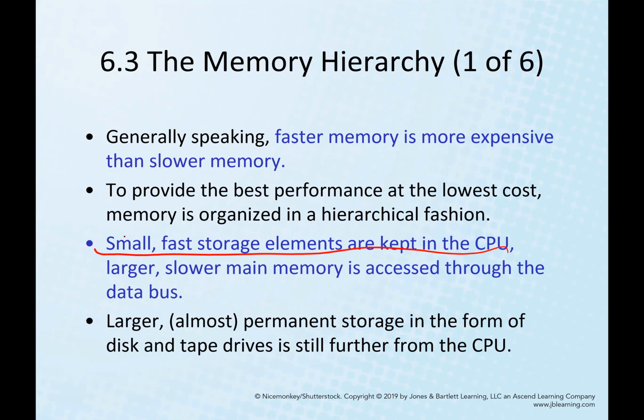This line says that fast storage units like registers and cache are kept in the CPU, but slower memories like main memory and external storage units are accessible through the data bus. We know that they are slow and that's fine. We still have fast memories inside the processor which we can access quickly.